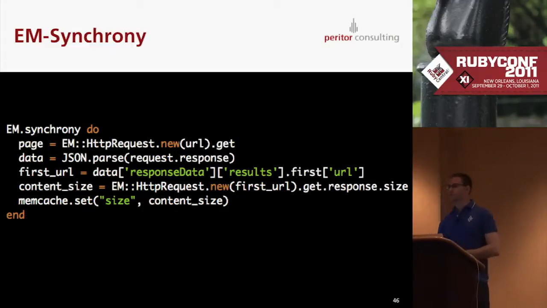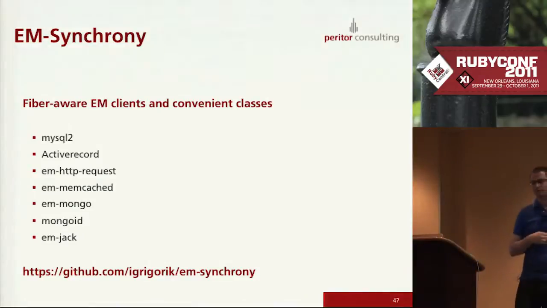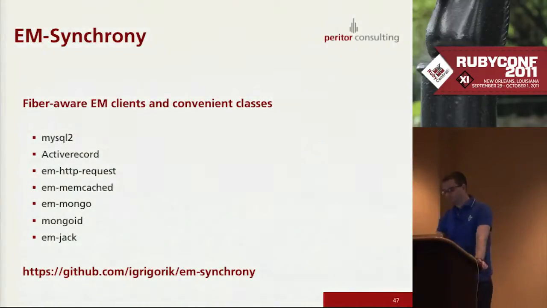You don't have to maintain this deeply nested code. The cool thing is, as I said, it's implemented for all of the built-ins and for most of the big EventMachine libraries.